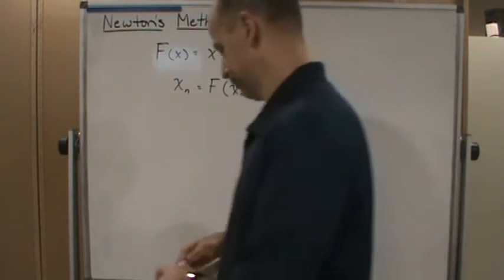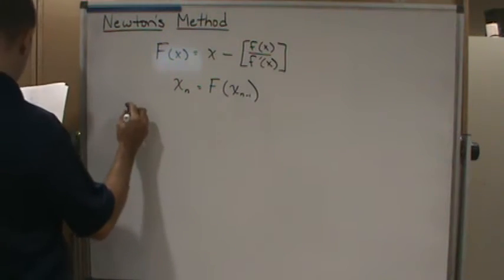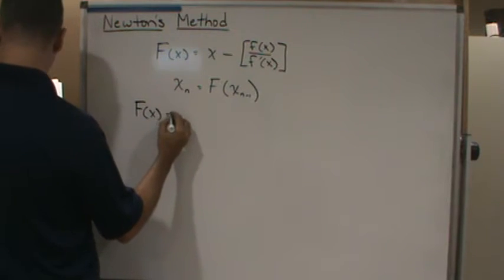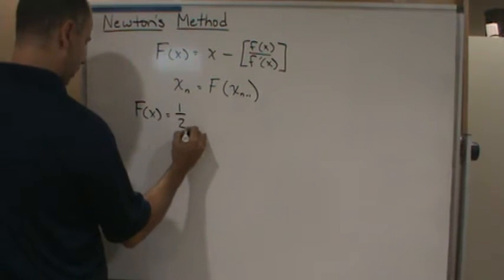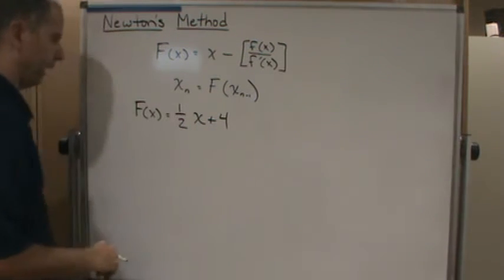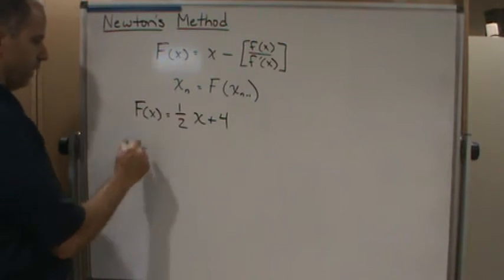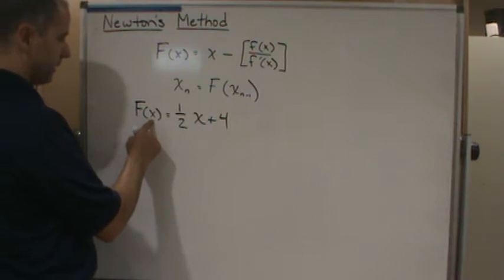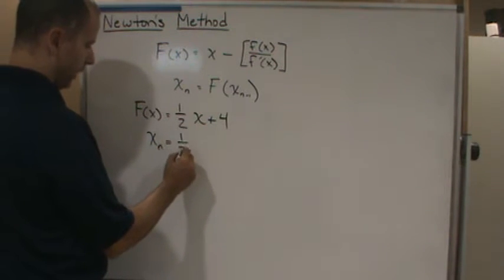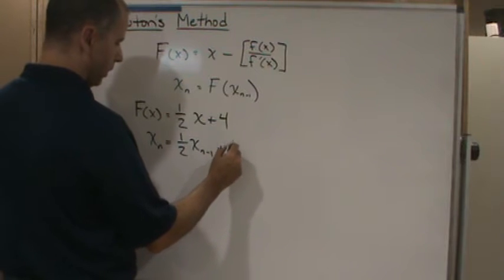For example, we could have this function. Let f of x equal 1/2 x plus 4, where this represents an iterative process. So x of n is equal to 1/2 of x of n minus 1 plus 4.